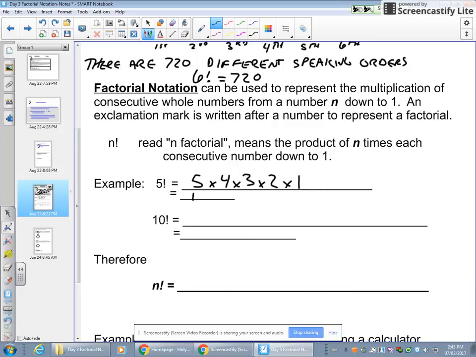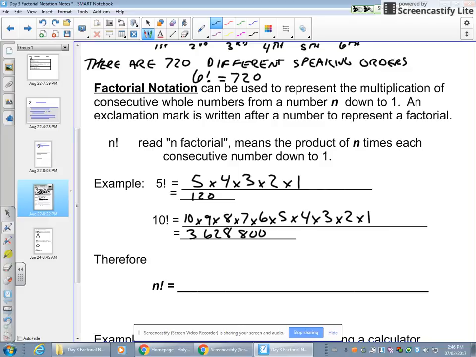That's 120. 10 factorial is 10 times 9 times 8 times 7 times 6 times 5 times 4 times 3 times 2 times 1, and that is a larger number, 3,628,800.